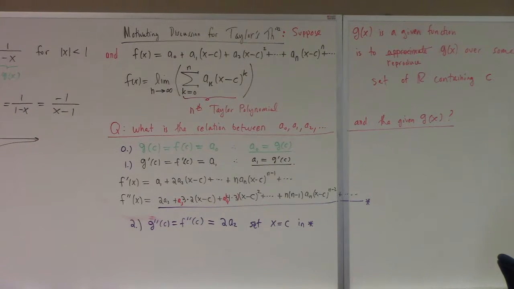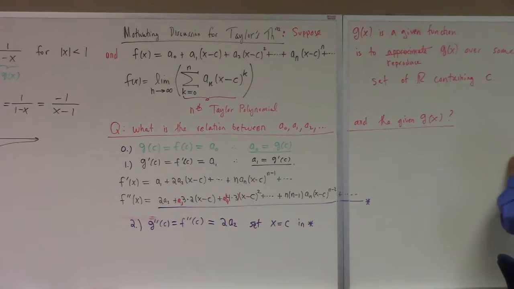And then eventually you get to n times n minus 1 times n minus 2, a sub n, x minus c to the n minus 3. That'd be the third derivative, right?